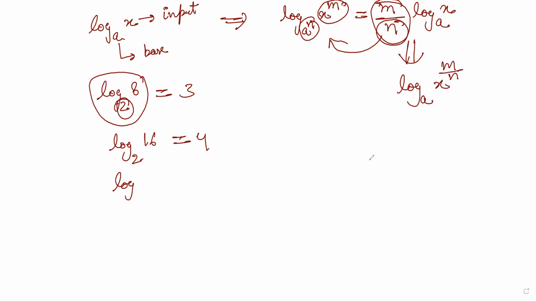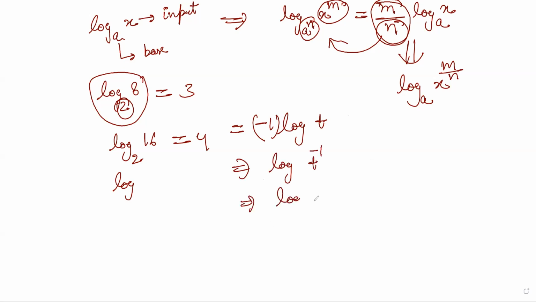So what did I do? This was log t, outside was minus, so I took it as -1 into log t, and then I take -1 inside log, which would become log of t to the power -1, which is nothing but log of 1 by t.